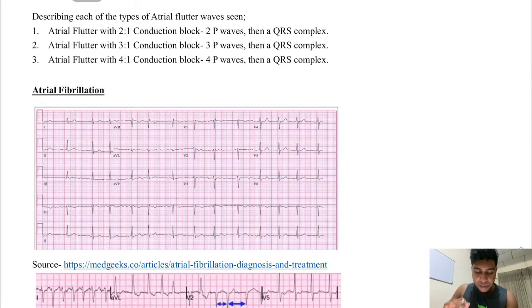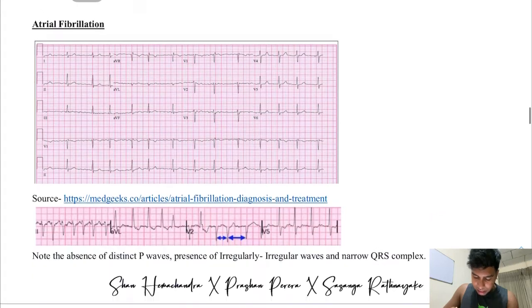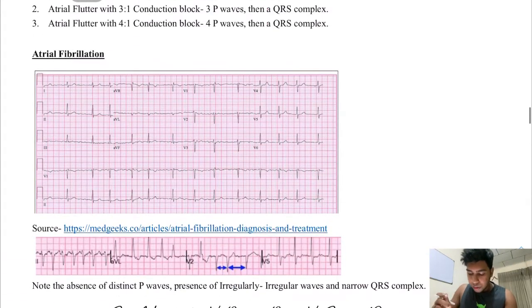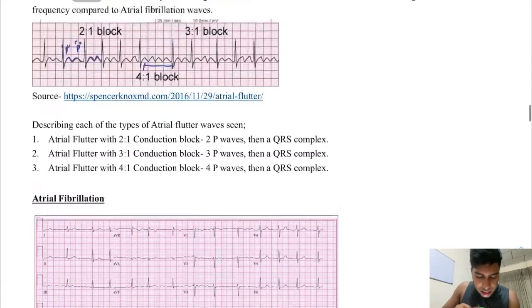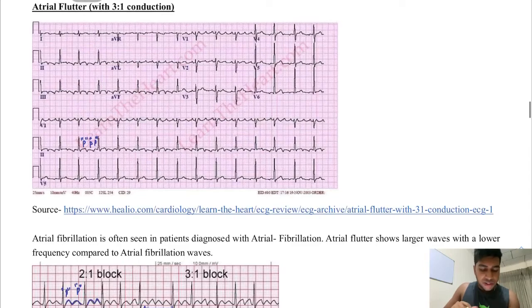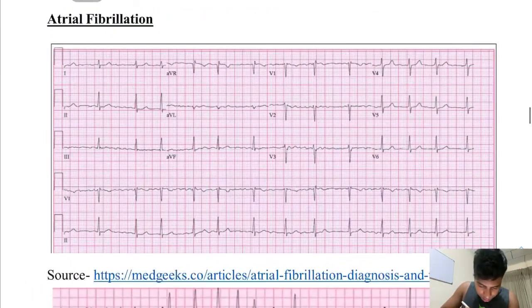Next we have atrial fibrillation, and this is called an irregular wave. Okay, these waves are going to be smaller than that of atrial flutter. You can see the distinct sawtooth pattern in flutter, but in this you can't tell that. It's just something like this. This is due to several ectopic pacemakers.